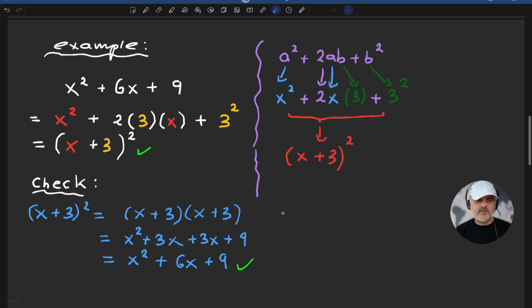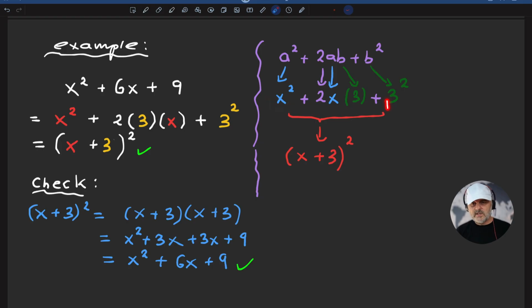In this example, you see x squared plus 6x plus 9. So you recall the PST formula and you try to match by recognizing patterns. You see that the first one is x to the power of 2.